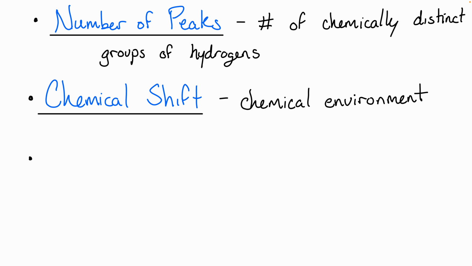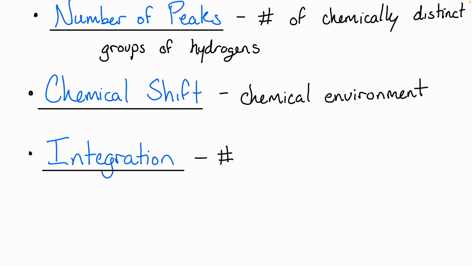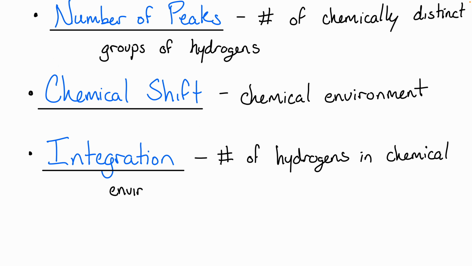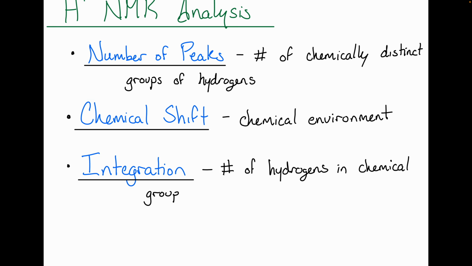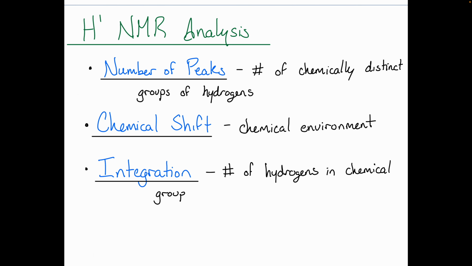Okay, we also have our integration. So the area under that curve tells you the number of now hydrogens in that chemical environment. Say, in that chemical group. All right, so all the same pieces of information that we had from carbon-13 NMR, we get from hydrogen NMR as well.